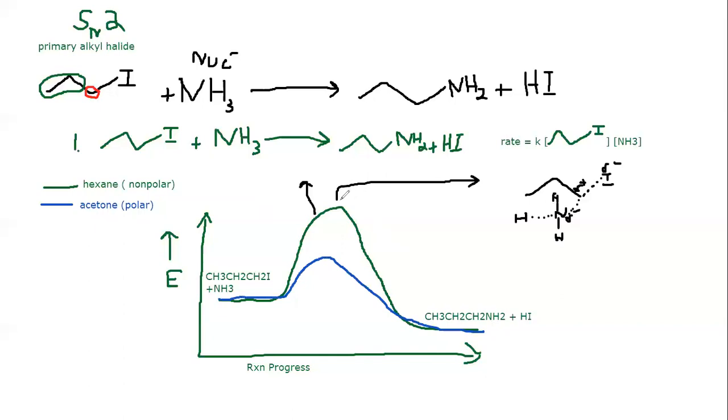So you're going to see a decrease in the activation energy. Now this is not drawn to scale, this is just showing you that when you add a polar solvent, the activation energy is going to decrease because now the nucleophile has better solubility in a polar solvent versus a non-polar solvent. Now let's say we try another polar solvent. We'll make this one a red curve.